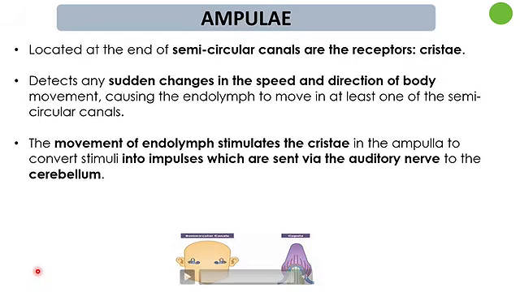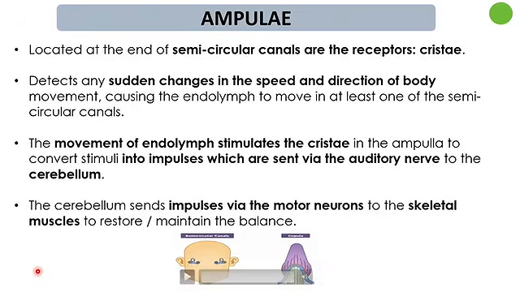The movement of the endolymph stimulates the crista in the ampulla to convert the stimuli into impulses, which are then sent via the auditory nerve to the cerebellum. Once again, the cerebellum sends impulses to the skeletal muscles to maintain balance.